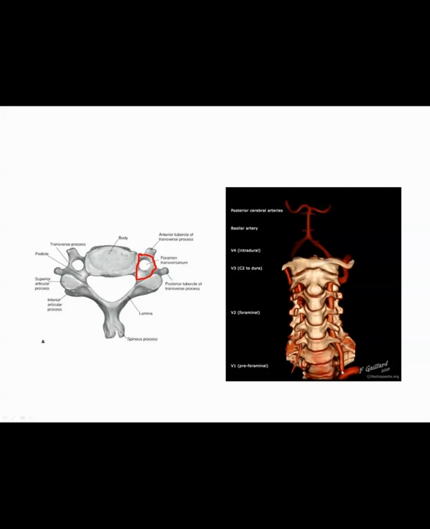Again, we see it coming off the subclavian artery, going into these transverse foramina, exiting and ascending up into the cranium via the foramen magnum, and both these vertebral arteries will join to form the basilar artery, which subsequently will branch off and supply the posterior circulation.